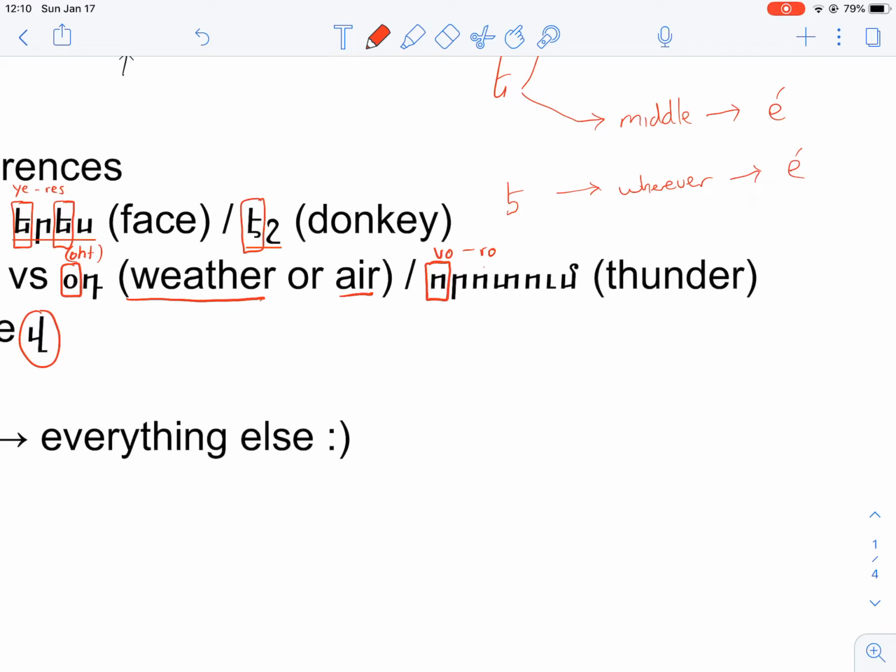and notice we have another vo here. It is in the middle of a word, in between some letters. That's why the pronunciation is ro. It's not revo, right?